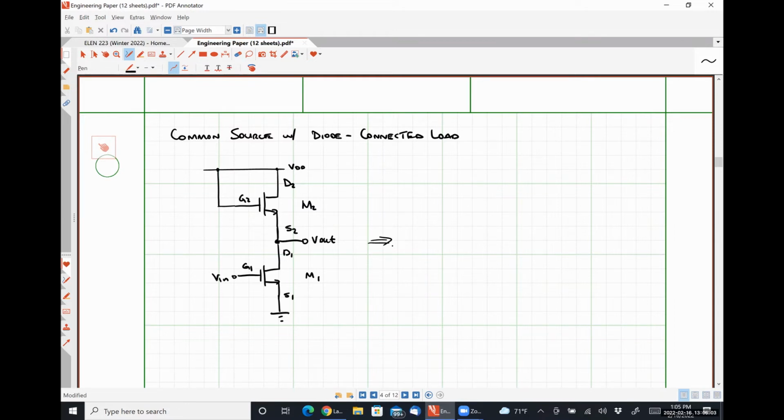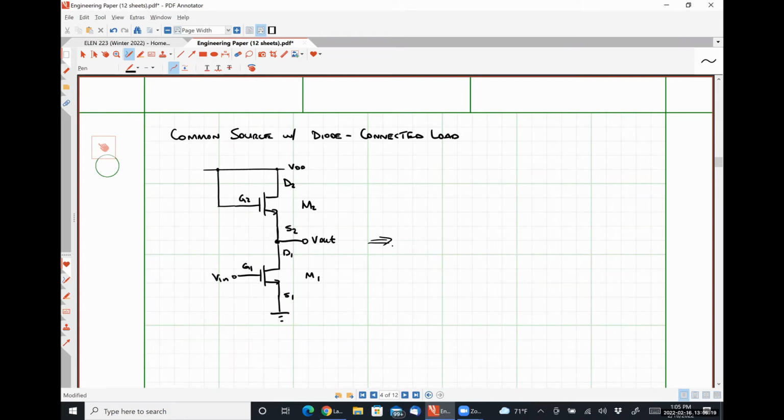Because the first letter of the subscript is corresponding to VDD in both cases, right? That's our top voltage. So we have VDD minus V out is equal to VDS and VGS. Okay?